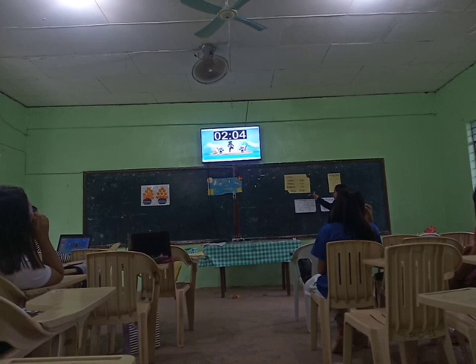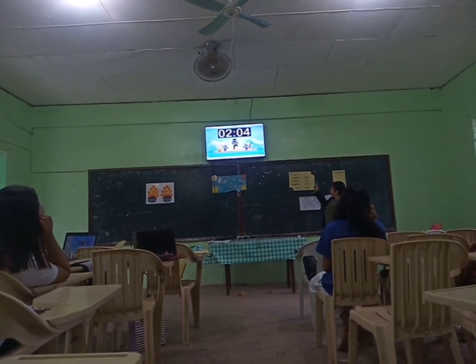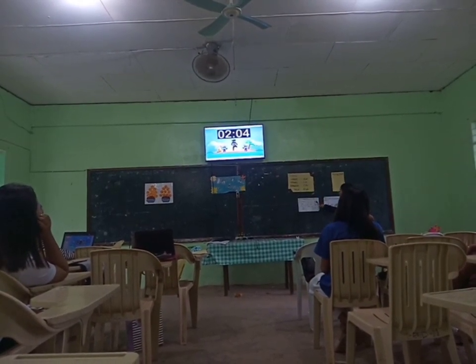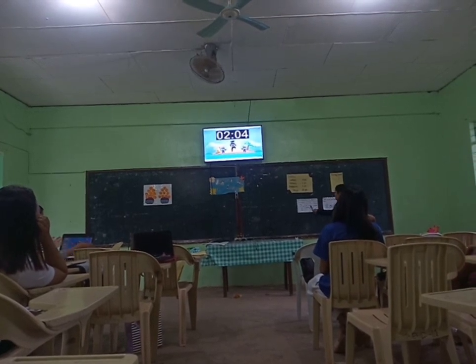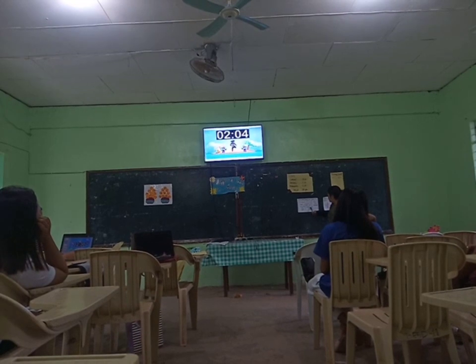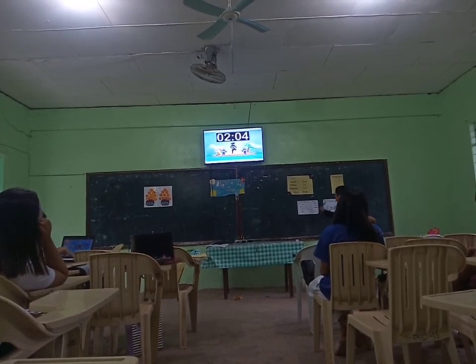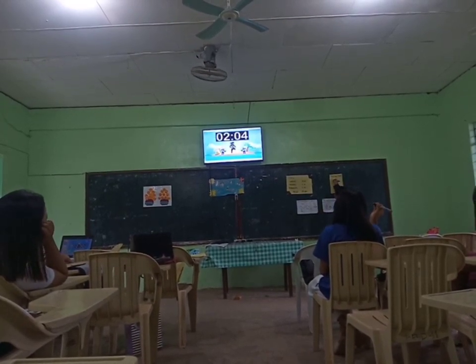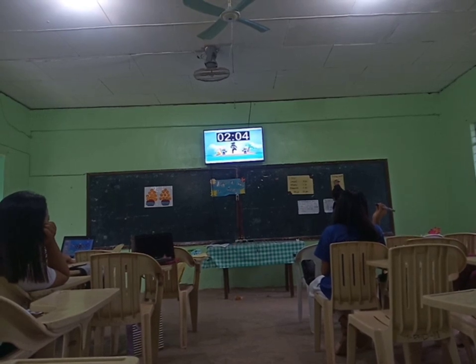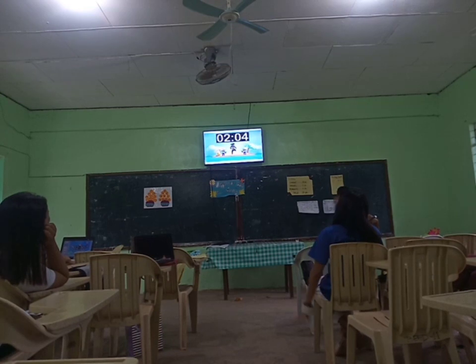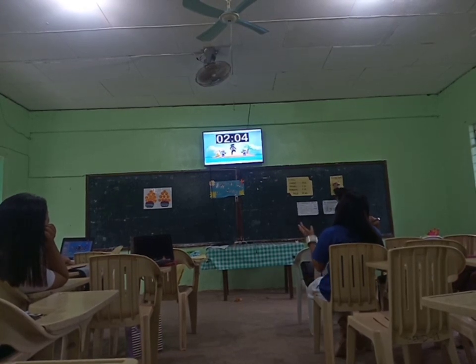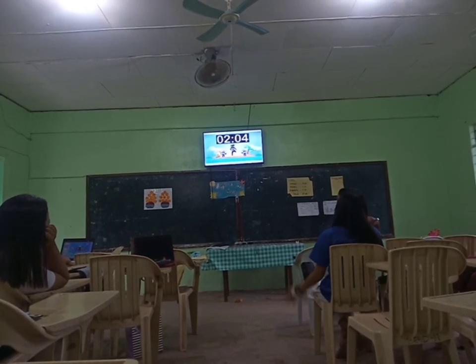And for the criteria we wrote, in content, group 1 did not follow some instructions. Some answers are wrong. I will give them 8 points. The delivery, they delivered well, so they get 5 points.